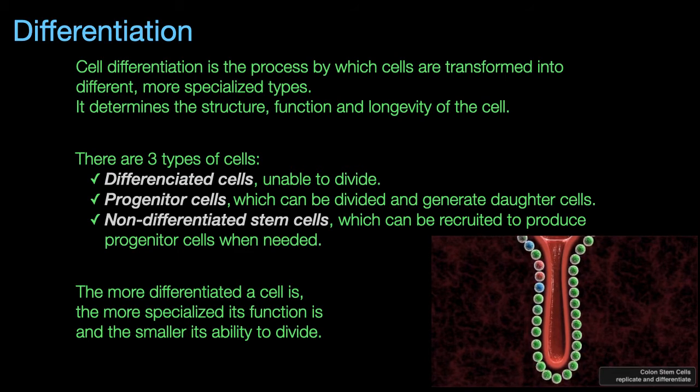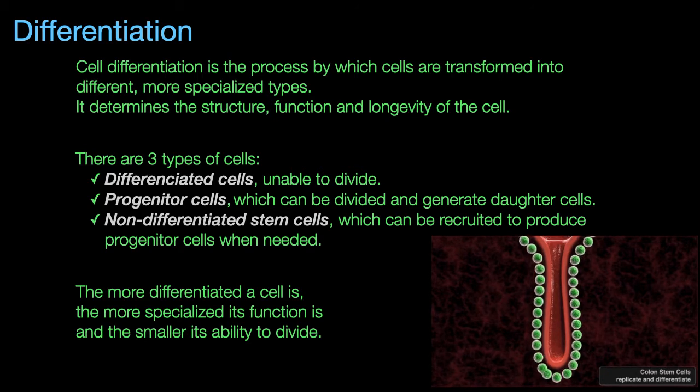After this, we have three types of cells. Ones are very differentiated cells. Those are unable to divide. If you remember, in histology, we named, for instance, osteoblasts. Those are cells that are not specialized yet, but then they become an osteocyte, and this one can't divide.